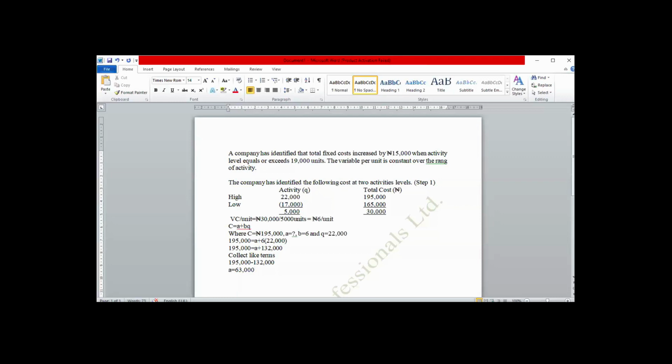A company has identified that total fixed cost increased by 15,000 when activity level equals or exceeds 19,000. Is it that it equals 19,000 or is going to exceed 19,000? You are going to have an increment of 15,000.